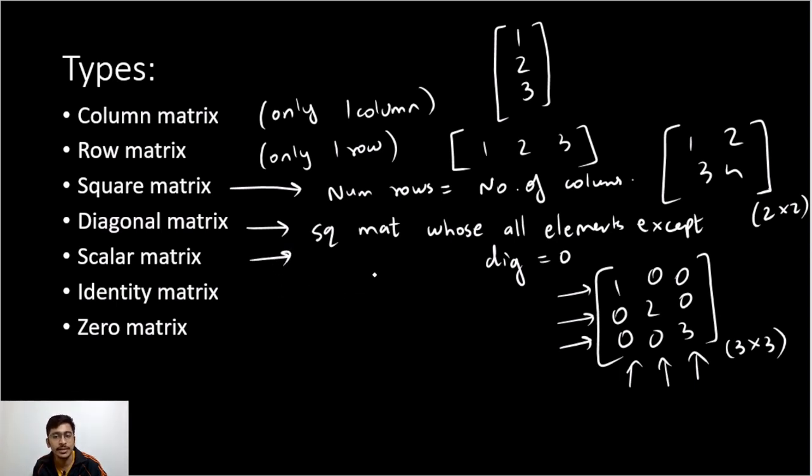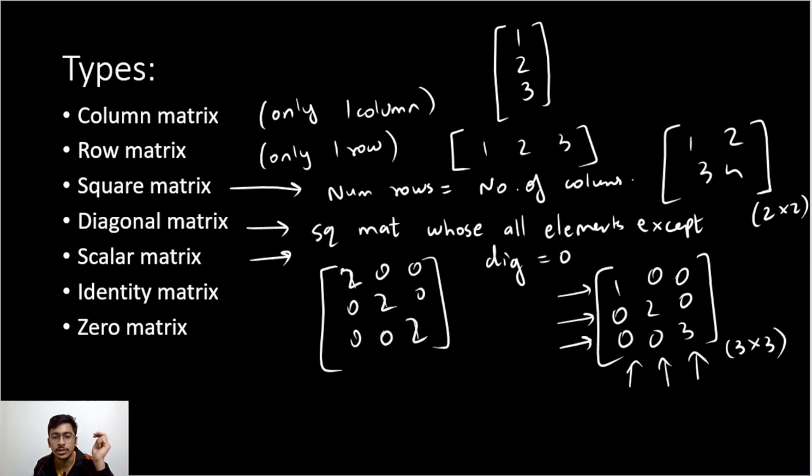Okay. What is a scalar matrix? A scalar matrix is a diagonal matrix whose diagonal elements are the same. So I'll give an example of a scalar matrix as, let's say, 2 2 2, with 0 everywhere else. So this is a scalar matrix, which is a diagonal matrix which has all the diagonal elements the same.